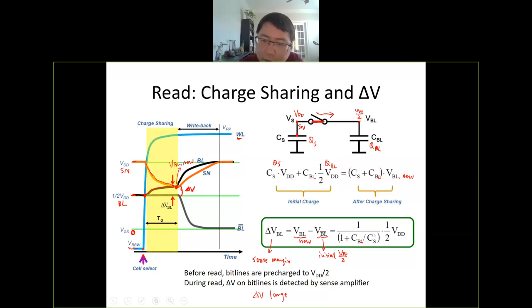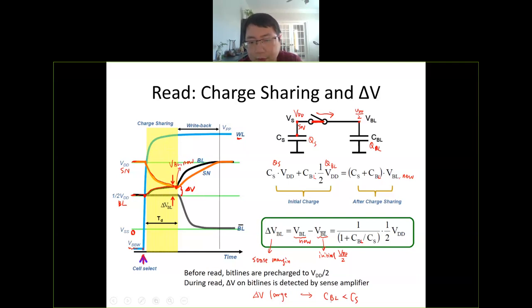So you want this delta V to be large. If you want to have delta V large, from this equation you can see that CBL and CS, which one wants to be larger? So CBL is in the denominator. So if CBL is smaller than CS, CBL over CS will be small, and 1 over a small term will give you a large value.